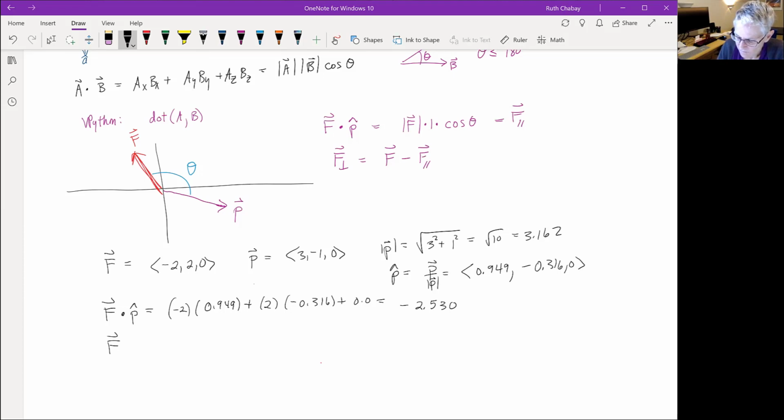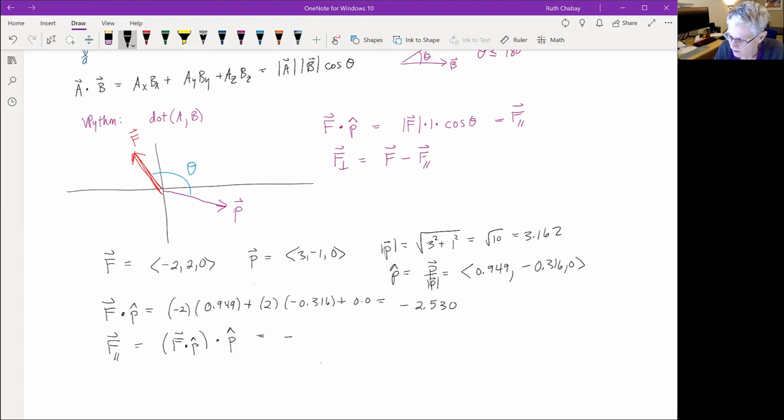So F parallel is equal to this times P hat. So it's equal to F dot P hat, that gives us the magnitude of F parallel, times P hat, which gives us the direction of F parallel.